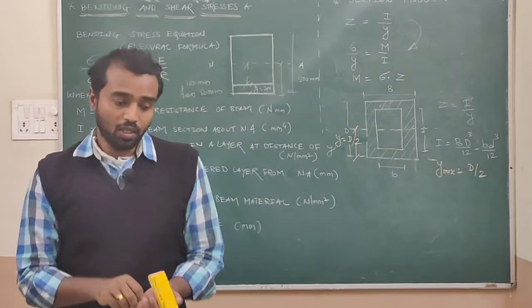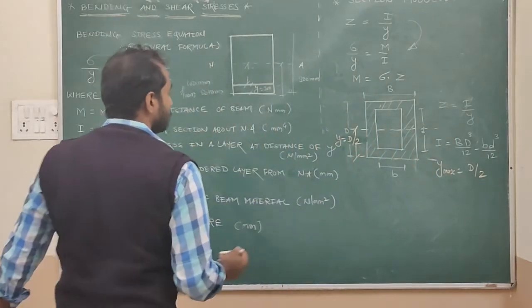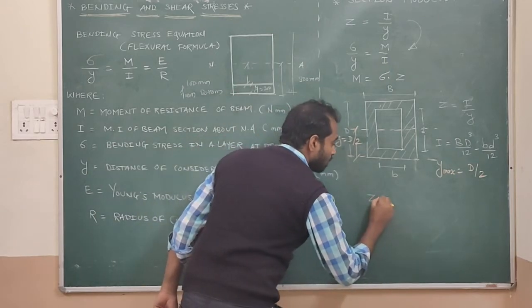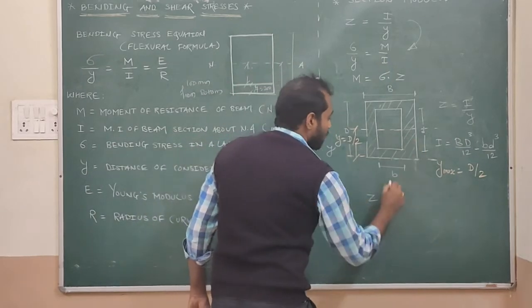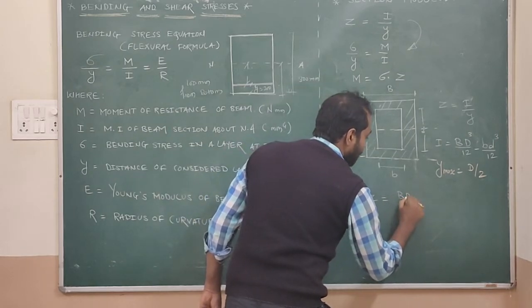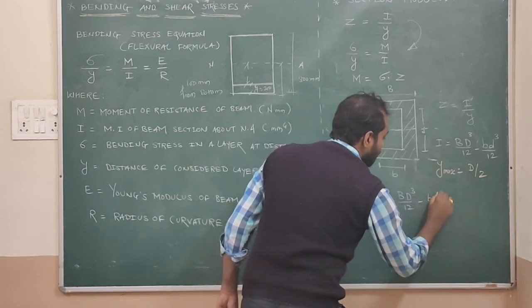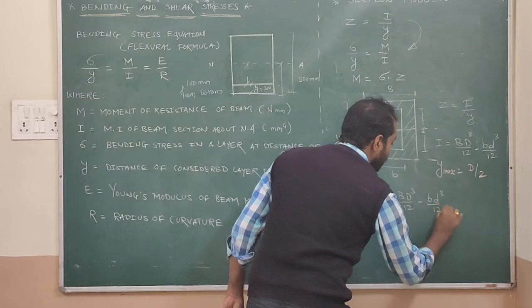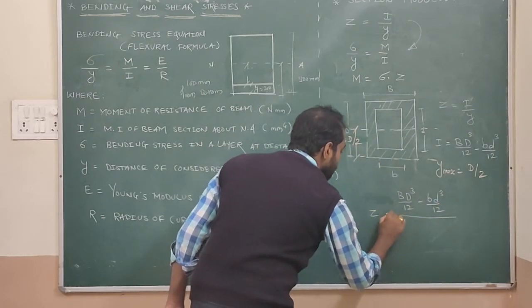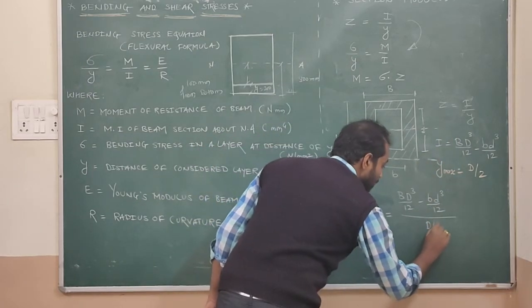Now simply put in the values: Z is equal to I, that is B D cube by 12 minus b d cube by 12, divided by y max, which is D by 2.